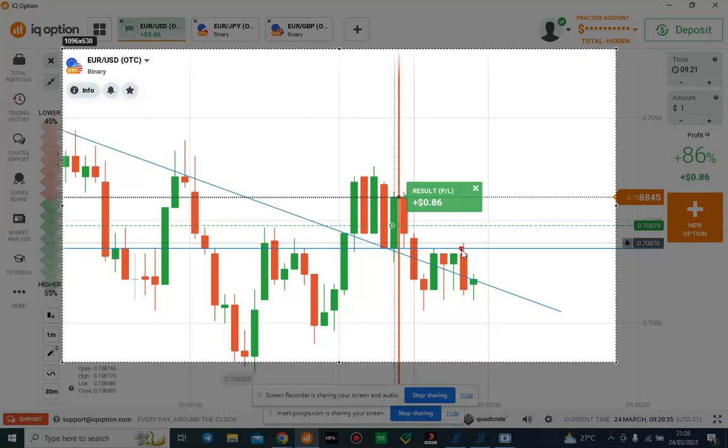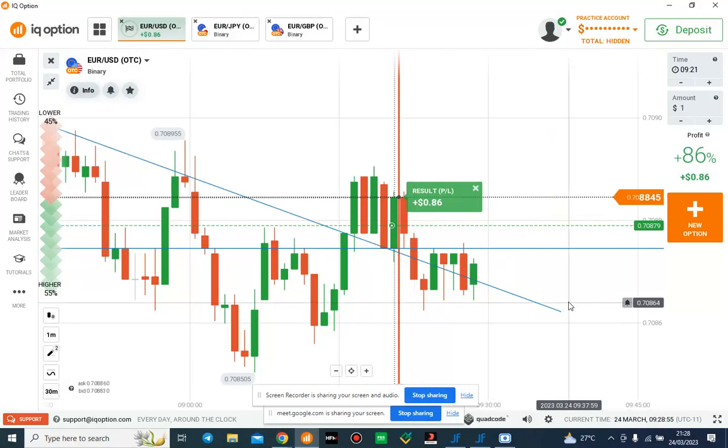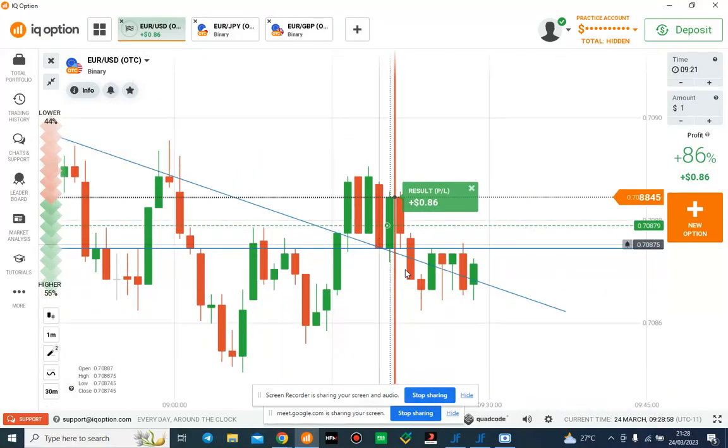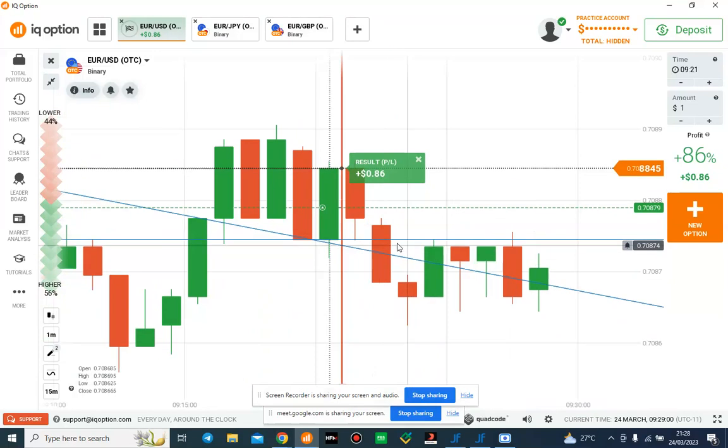Okay, again it rejects from this support, it becomes a resistance, and the candle closes here. So I think the market should go more up, because this is a false breakout of the trend line.